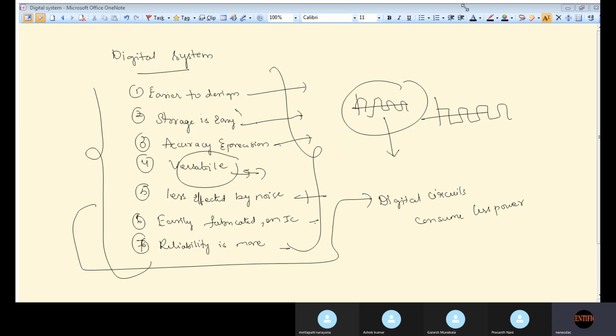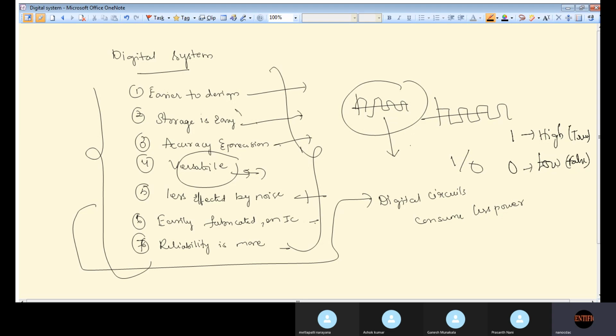Next, we'll quickly jump into logic levels. What are the logic levels? 1 and 0 are the two logic levels. 1 is representing logic high, and 0 is representing low, or else true or false.